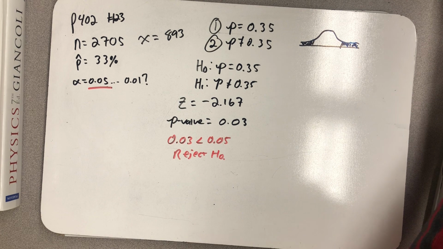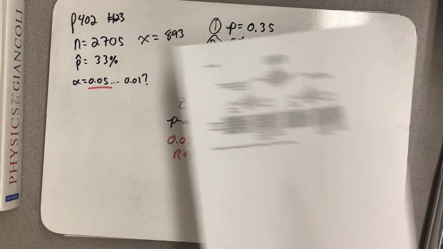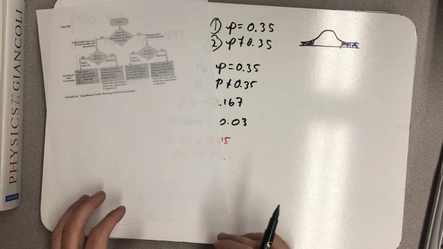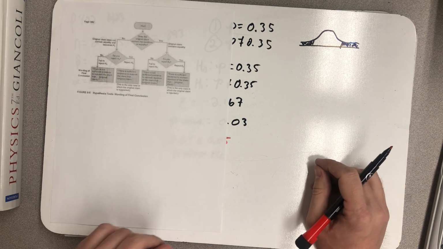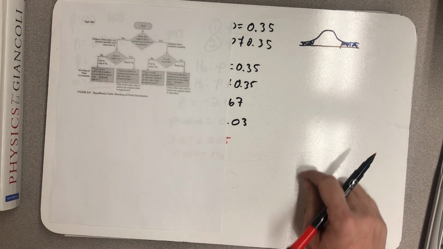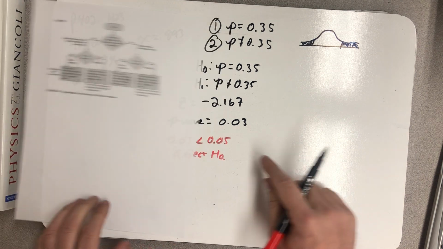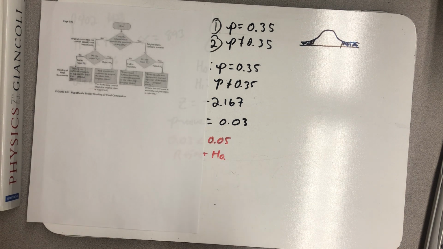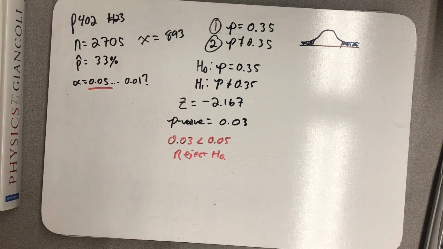In that case, we're literally rejecting the claim here, and we have a flow chart that helps us word a final conclusion, but this is the easiest case. Did the claim contain equality? Well, the claim was equality. Did we reject the null hypothesis? Yes, we did, and that would tell us there is sufficient evidence to warrant rejection of the claim. So that's what we'll write.